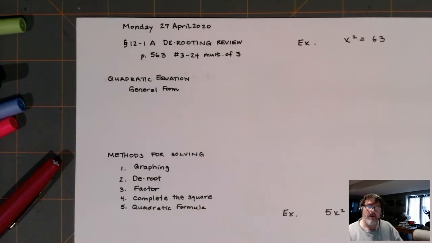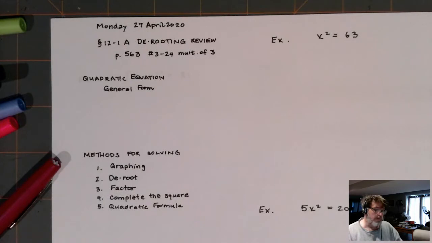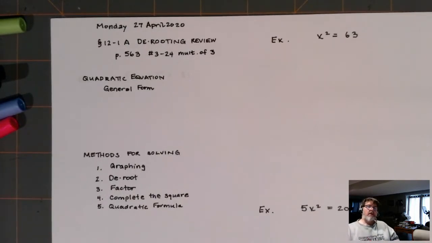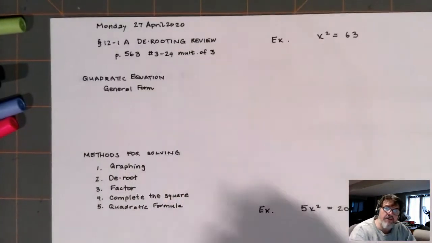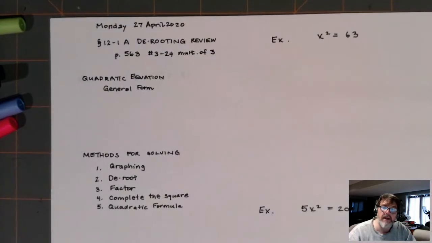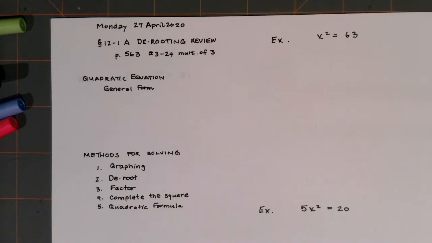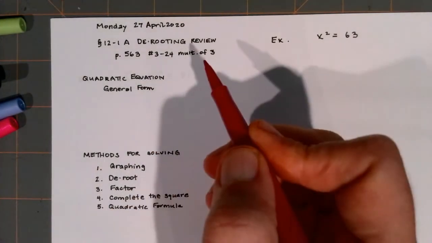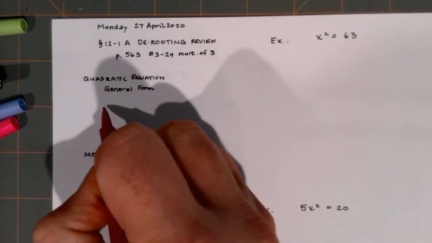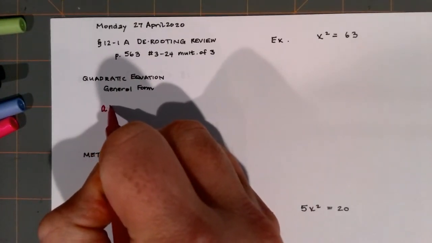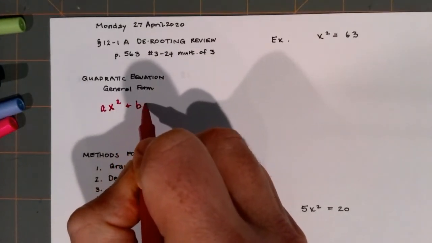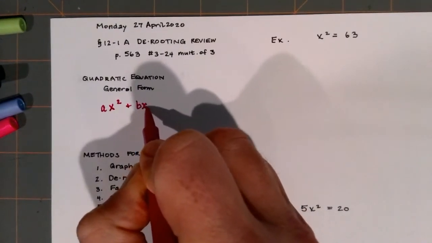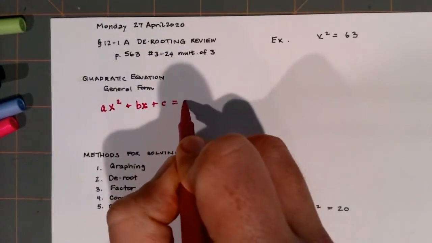So I'm going to start here with the general form of the quadratic equation. We've been talking about quadratics a little bit, but I want to talk about what makes a quadratic equation a quadratic equation. So let me get out of this so you can just focus on the math instead of my handsome face. Quadratic equation, general form: ax squared plus bx plus c equals 0.